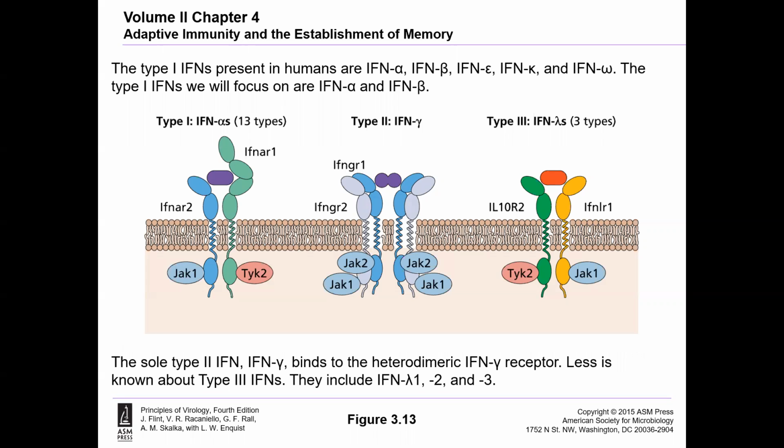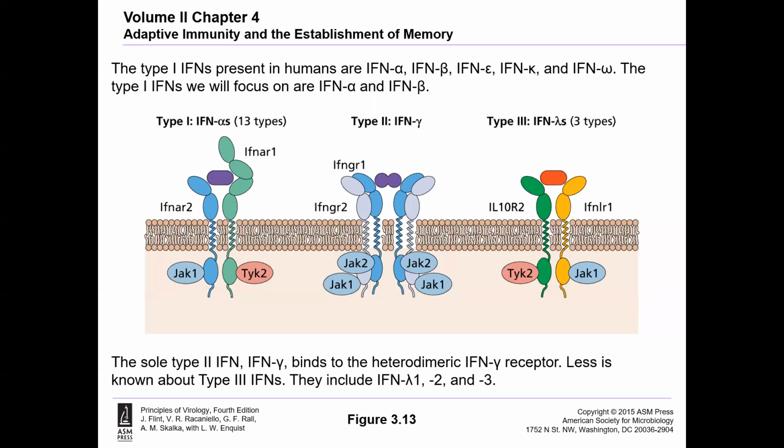For type 1, there's a range of them present in humans, but most of the textbook and most papers honestly focus on interferon alpha and beta. Those are really well characterized and mediate a broad range of reactions and responses to viral infections. There is one type 2 interferon, which is interferon gamma, and that is the only type 2 interferon.